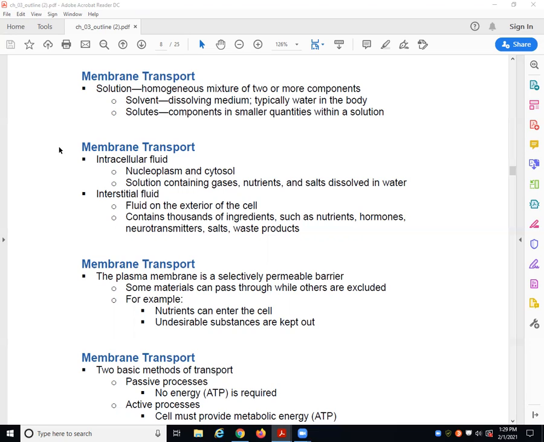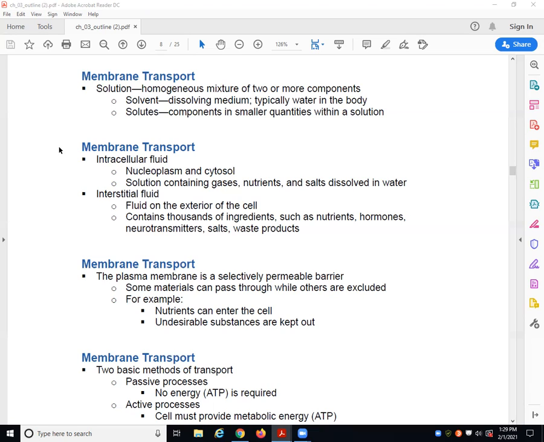An important quality I want to make sure you highlight, underline, whatever you do, but make a note that the plasma membrane is selectively permeable. It's important that you understand that concept. So what does selective mean? It can or can't. When you say someone has selective hearing, it's like they hear what they want to hear.